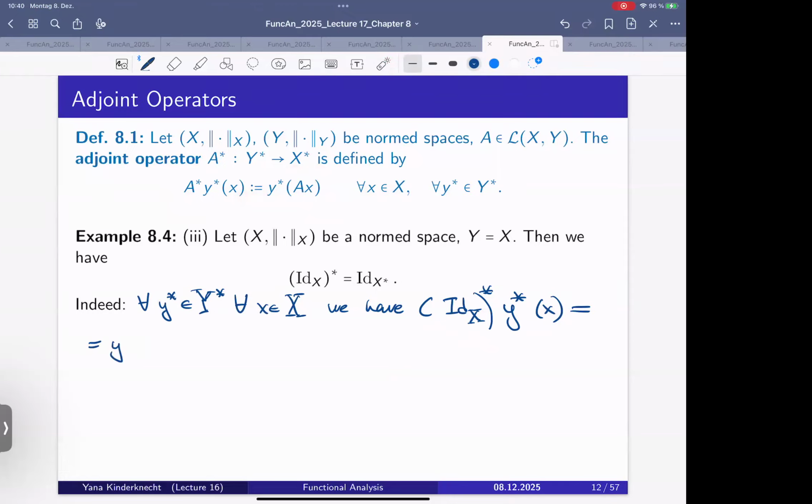It is Y star at identity X applied to X. This is, however, Y star at the point X. And now this Y star I can rewrite as identity in Y star applied to Y star at the point X.